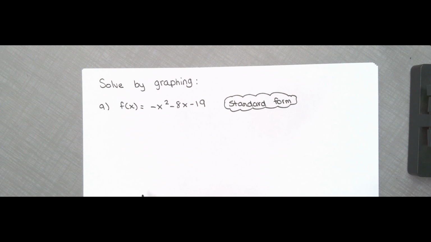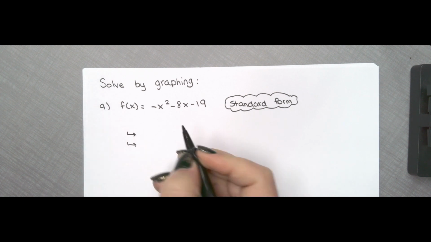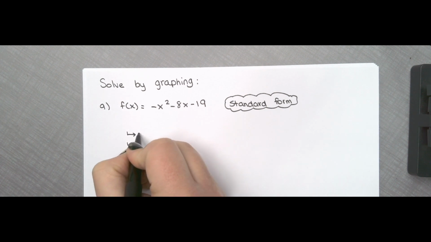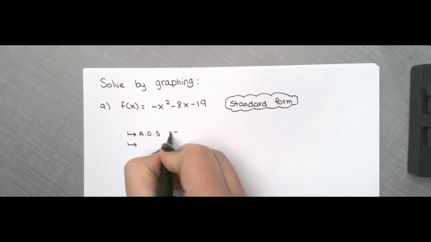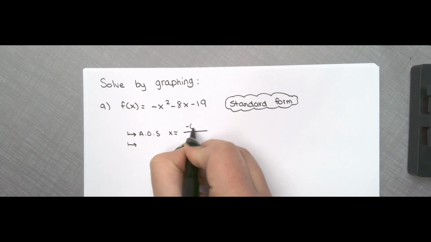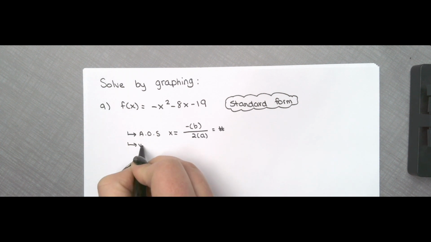So when you are graphing in standard form, remember there's two parts that we need in order to get the vertex. Step number 1, we want your axis of symmetry. Remember your axis of symmetry, that's x equals negative b divided by 2a. We're going to get a number. Step number 2 is solve for your y value.